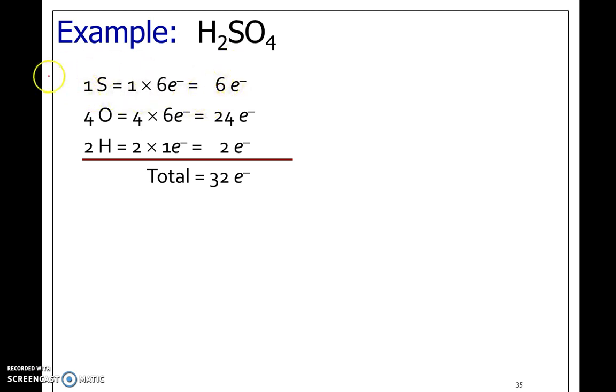Additionally, while there is one sulfur atom, there are 4 oxygen atoms. Where are those oxygens going to bond to? It's not going to bond to the hydrogen because we know for sure that it only bonds once. So it has to bond to the sulfur. So sulfur is our central atom.